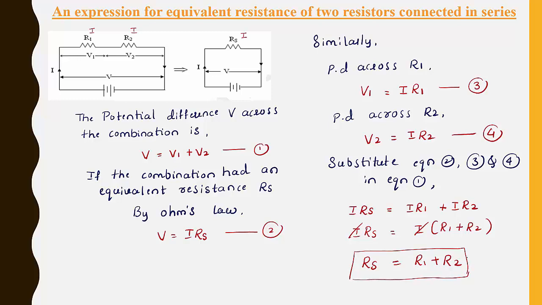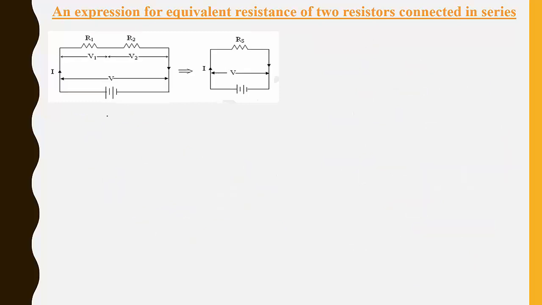Is it clear? In general, for n number of resistors, how can you write the equation? What is the final equation? For two resistors, we can write Rs equal to R1 plus R2. But in general, if there are three resistors, how to write the equation?